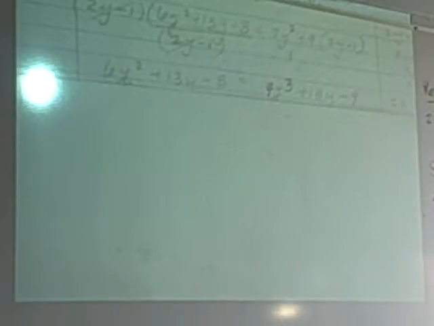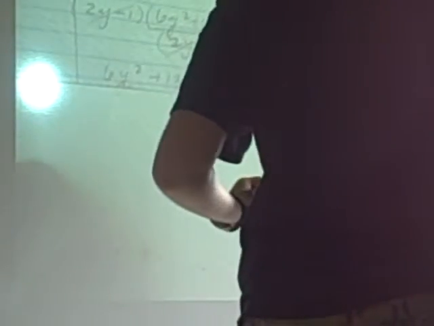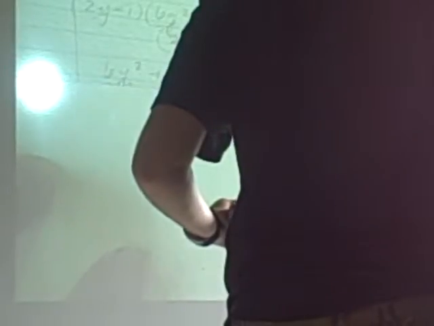What did you get? Negative 1, but I graphed it. I ended up with 1 and 1/2. That's what it says in the back. I don't know what I did wrong. 1 and 1/2.